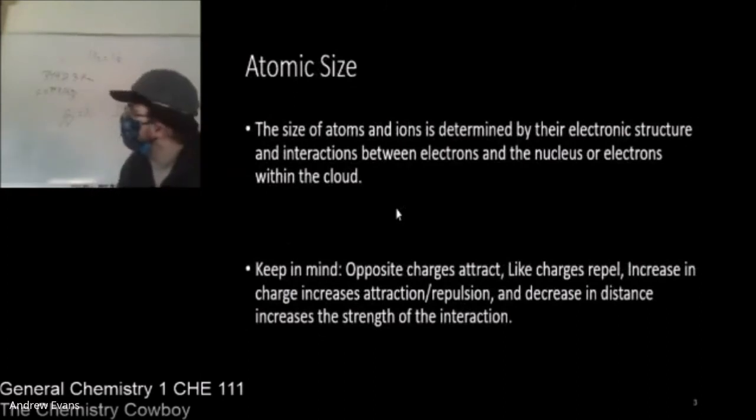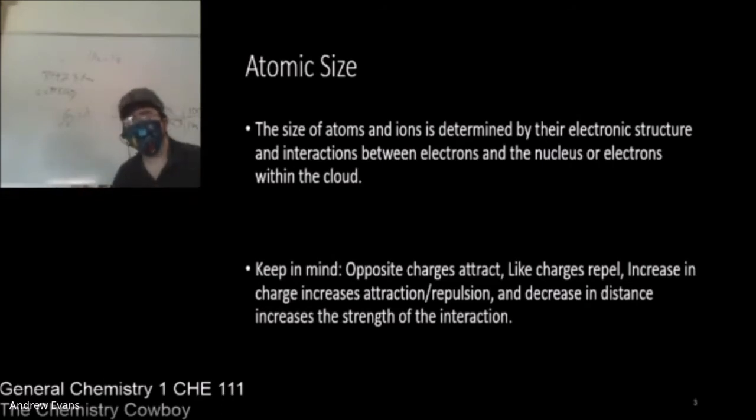One of the first trends we'll talk about is atomic size, which will help determine a lot of the other trends, because we're going to have a lot of interaction between the electrons and the nucleus. The atomic size will have to do with how the nucleus interacts with the electron cloud.